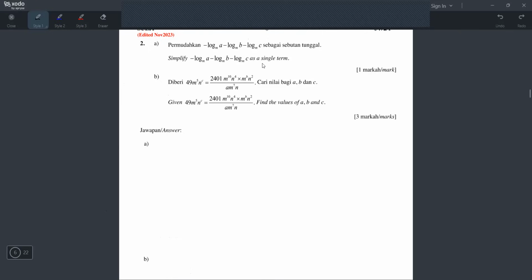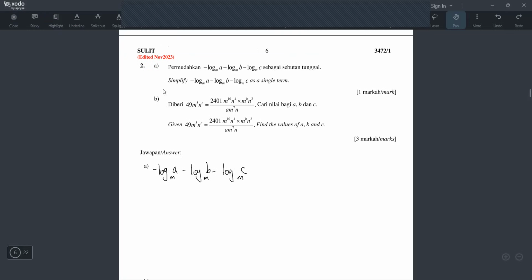Simplify this as a single term. Let's write it down: negative log A base M minus log B base M minus log C base M. We all know that if we have separate logs with minus, we can combine them into a single log divide.